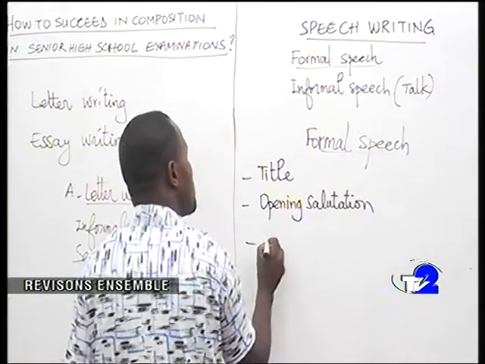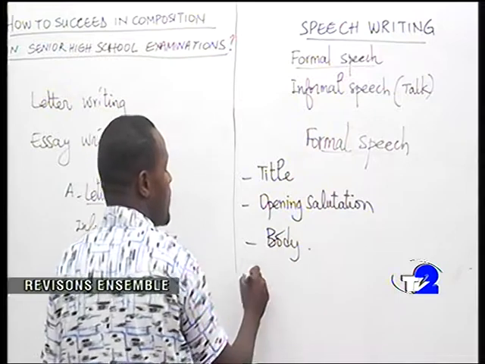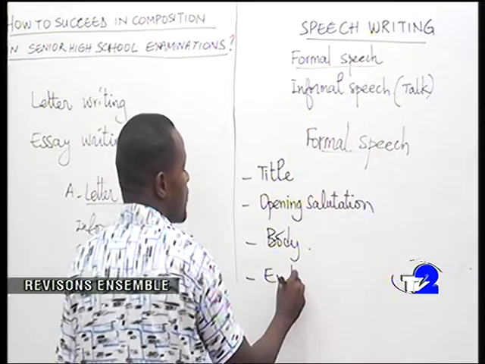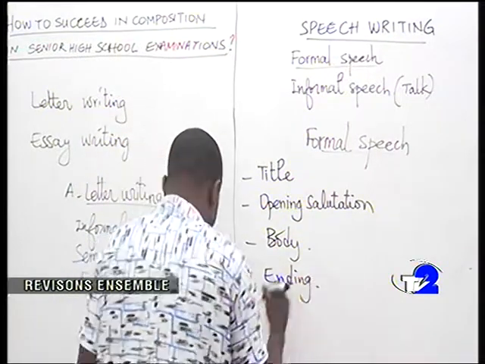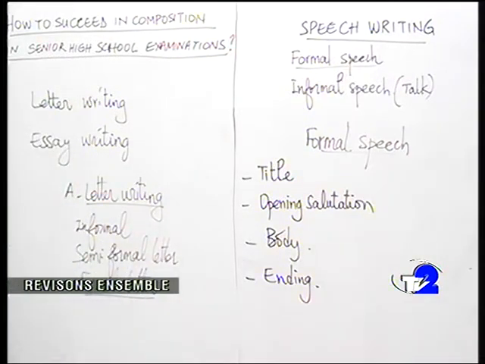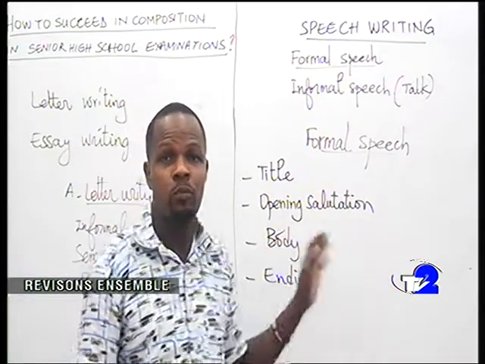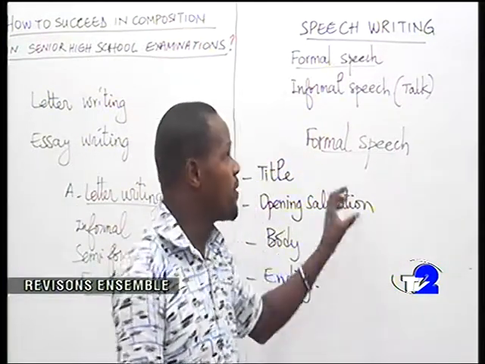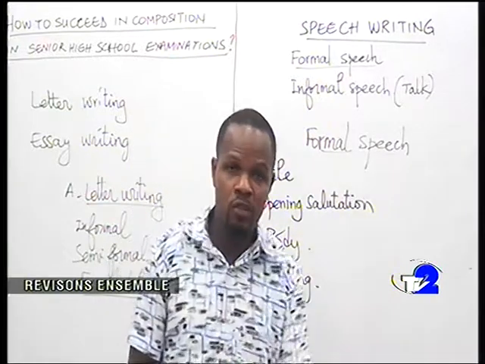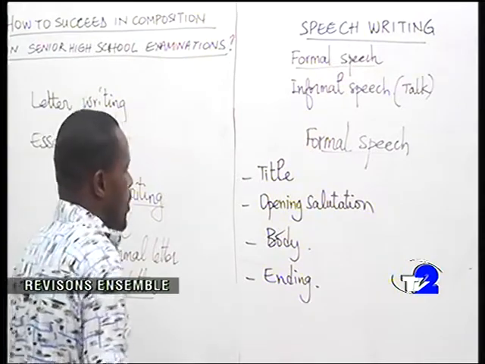And after the opening salutation, we have the body, and then you end your speech. So these are the things we must put into consideration when writing a formal speech. Now, what do we mean by title?